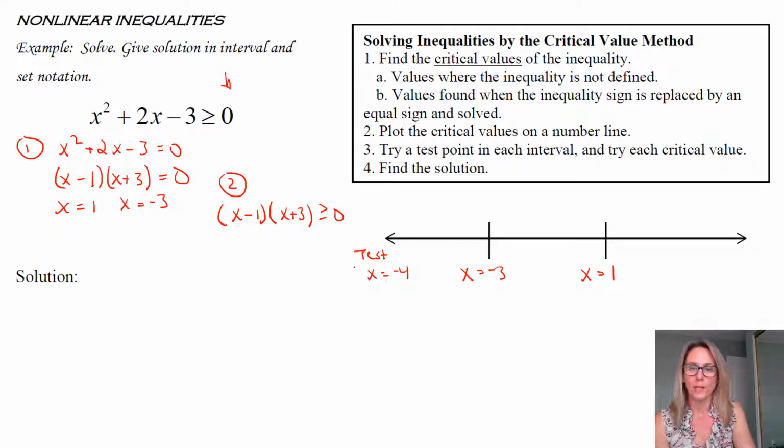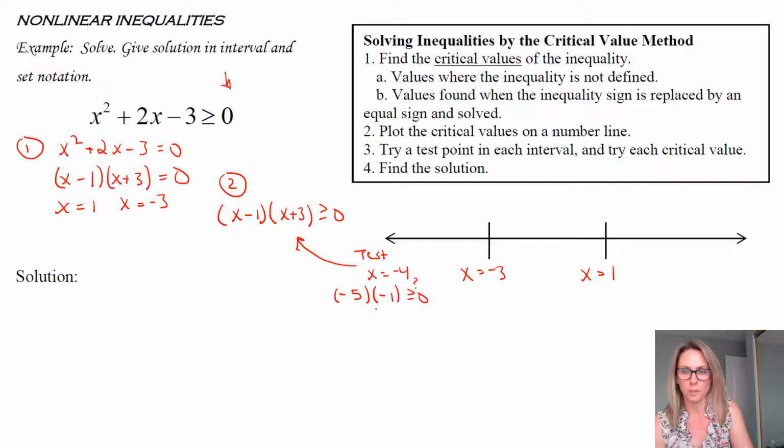I'm going to put that into this inequality and see what happens, true or false. If I put in negative 4, the first binomial becomes negative 5. The second binomial becomes negative 1, and I'm testing to see, is that greater than or equal to 0? I get 5. Is 5 greater than or equal to 0?